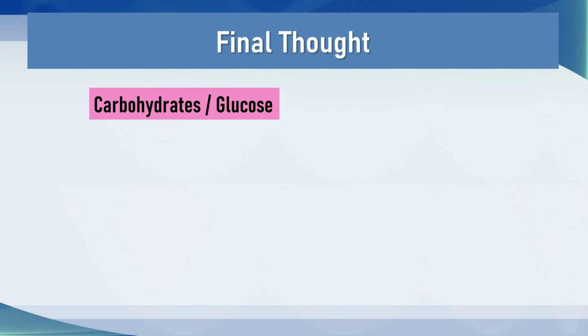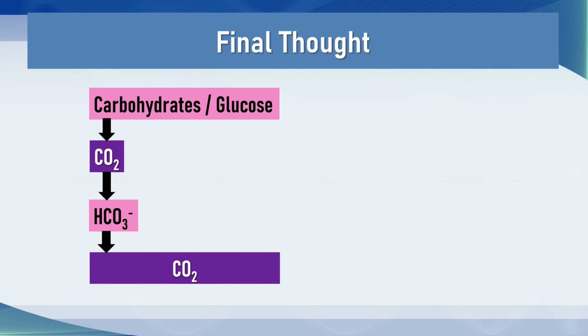Just a final thought. In our diet, we have different foodstuffs, and when we break down carbohydrates, we generate CO2. And we try and clear the CO2, but some of it is converted to bicarbonate. That bicarbonate eventually is turned back into CO2 by a variety of mechanisms.